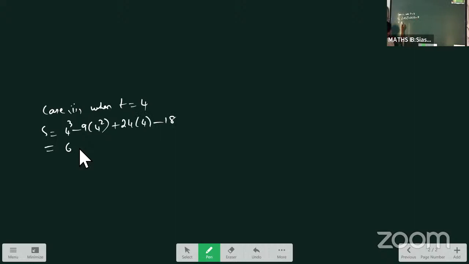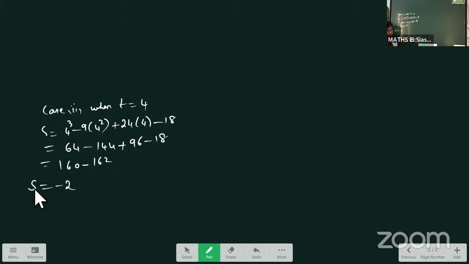So 4 cube is 64. 16 into 9, 144, plus 24 into 4, 96, minus 18. So 64 plus 96, 160, minus 144, minus 18, minus 162. So S is equals to minus 2.